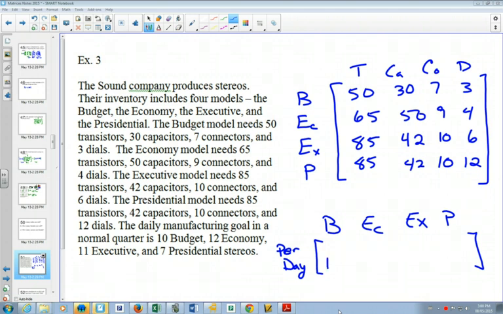So we want to make 10, 12, 11, and 7. Put this into your calculator, call this one matrix A and this one matrix B.